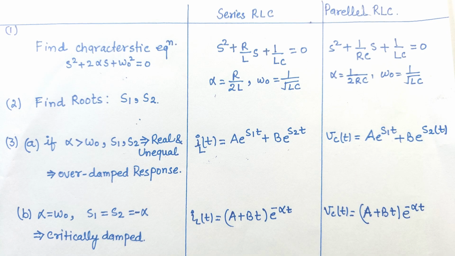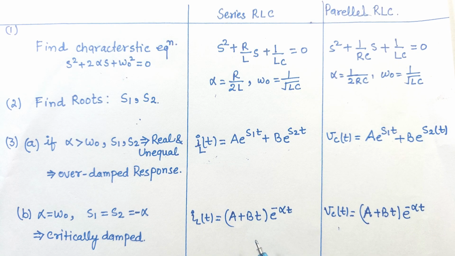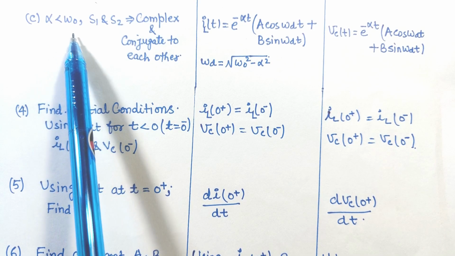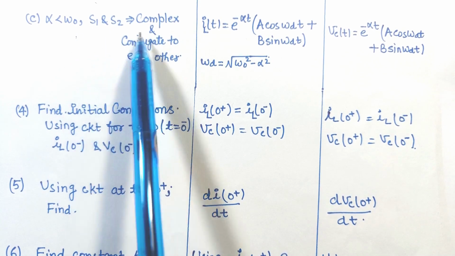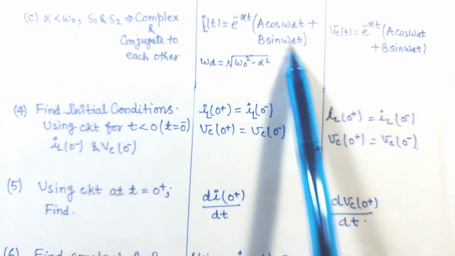Now, if it is a critically damped system, that is alpha is equal to omega naught and both the real roots are equal, then we can write these equations in terms of IL(t) and VC(t) for series RLC circuit and parallel RLC circuit accordingly. If alpha is less than omega naught, or we can say that S1 and S2 roots are complex and conjugate of each other, then we write this formula for the calculation of IL(t) and VC(t).